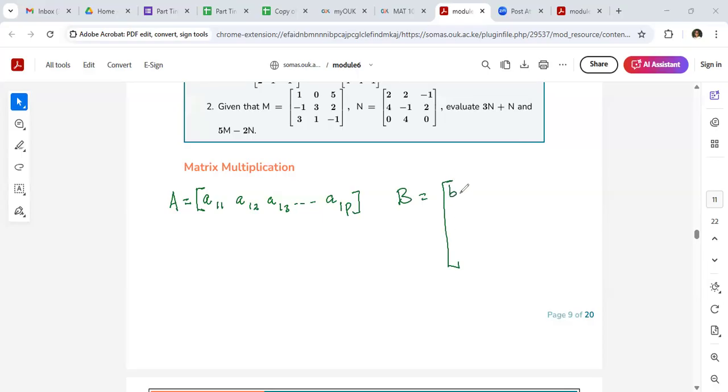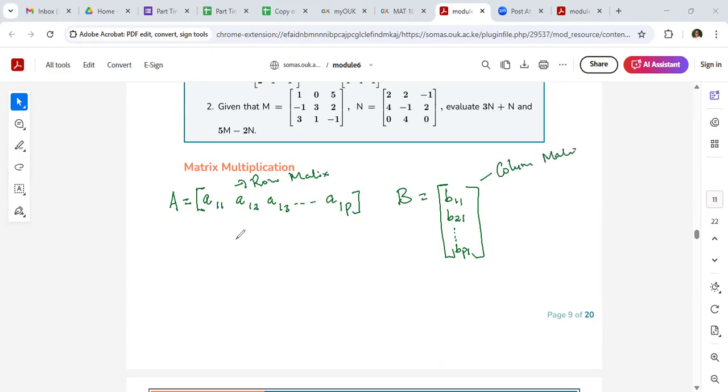Column matrix B11, B21. So this is a row matrix and this is a column matrix.